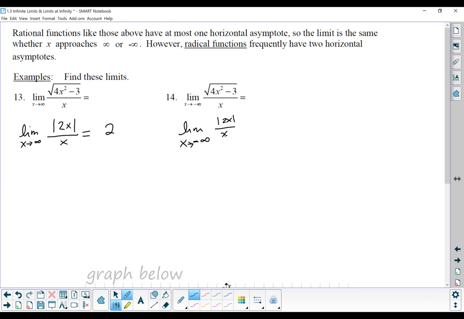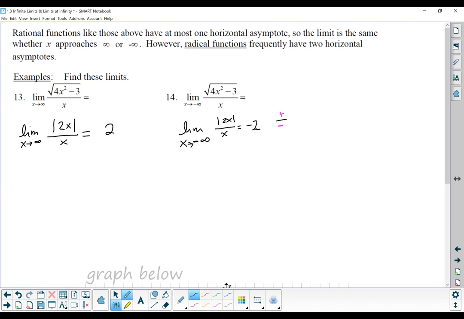But this time, if we think about a sign analysis, if I sub in a very, very large negative number on the top, I'm still going to get a positive number out of that. So my sign analysis tells me that the top is going to give me a positive value, but the bottom, when I sub in that really big negative number, is going to be negative. So this one is actually going to approach negative 2 on that left side as x approaches negative infinity.